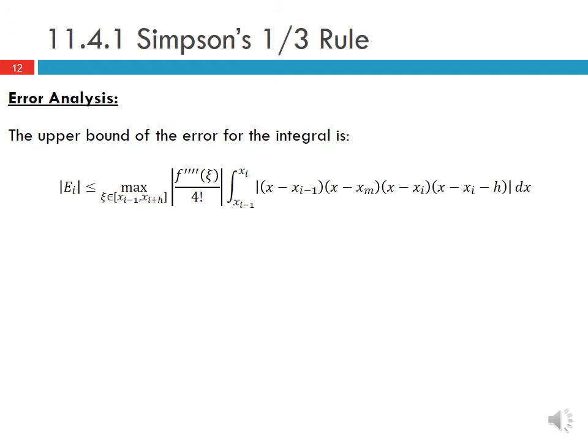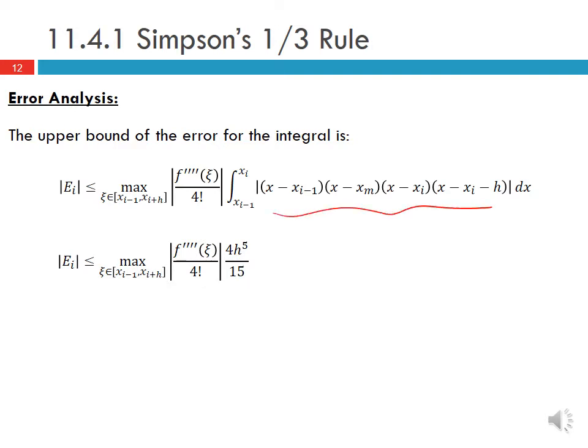So the upper bound of the error for the integral is shown here. We can perform this integration, and we get 4h to the power 5 over 15. Simplifying this down, combining all the constants together, we have that the upper bound of the error on one interval is related to h to the power 5 over 90.